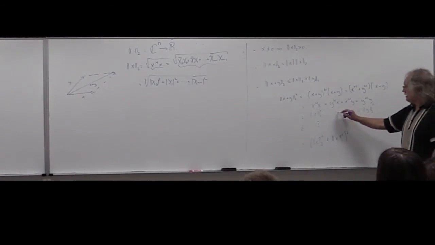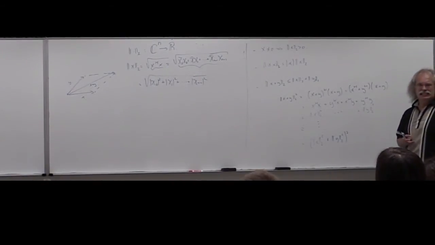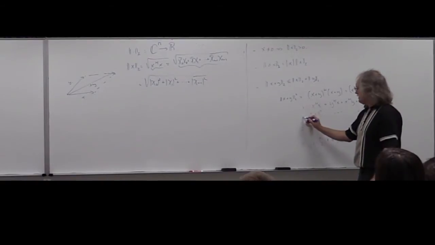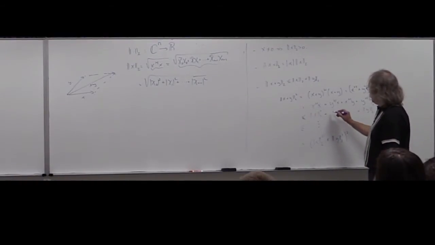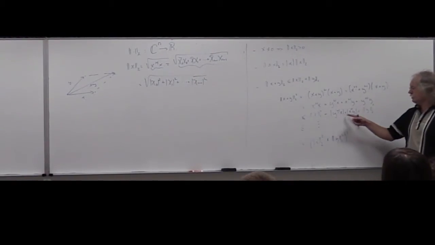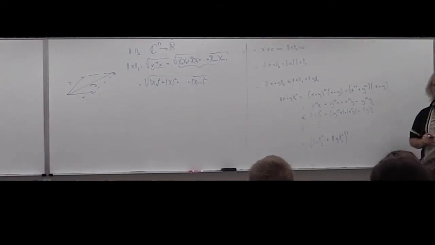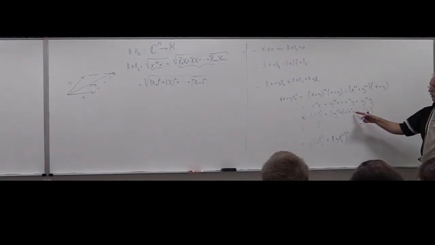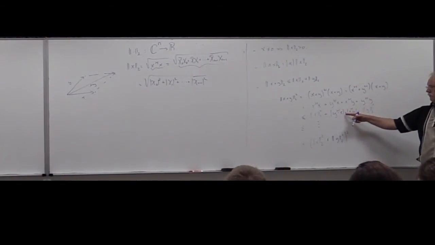And there's something sitting here still. And that's where things get a little nasty. It's certainly the case that this is less than or equal to this plus y Hermitian x in absolute value plus x Hermitian y in absolute value, because if you take the absolute value, then at worst it makes it bigger, right?